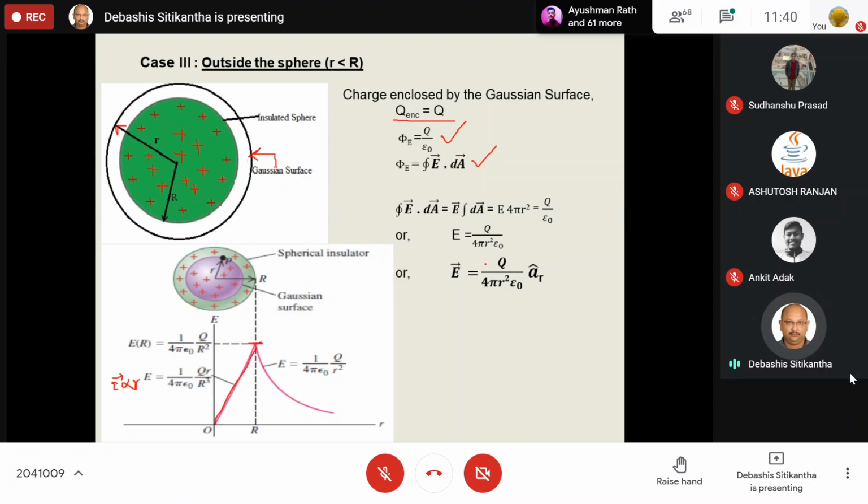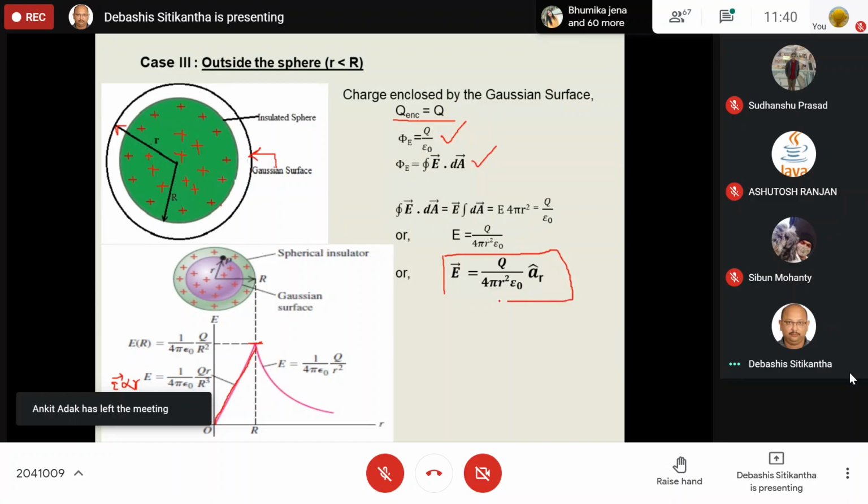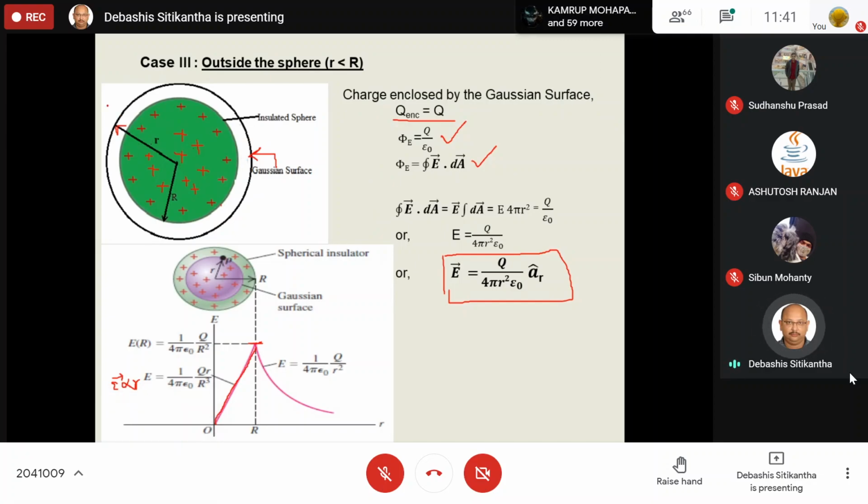In terms of vector, we can write E vector is equal to Q divided by 4 pi r square epsilon 0 times a r cap, where a r cap indicates the direction of the electric field, and remember it is along the direction of the radius. The radius in whichever direction you go doesn't matter, it is always along the direction of the radius. Is there anyone who has not understood?